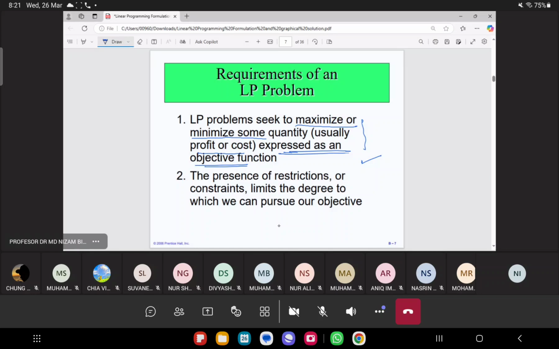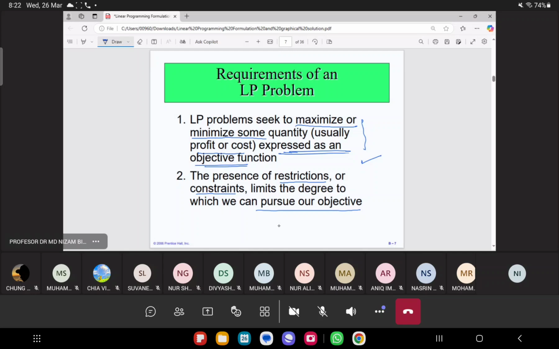The second thing: there must be a presence of restrictions or constraints that limit the degree to which you can pursue your objective. So in a particular situation where you want to apply linear programming methods, there must exist a constraint.